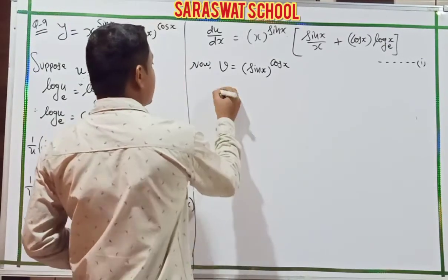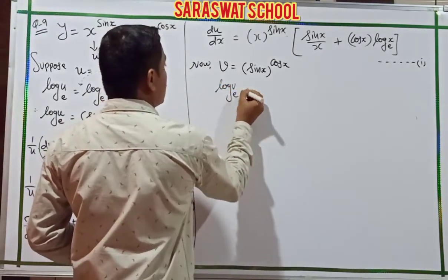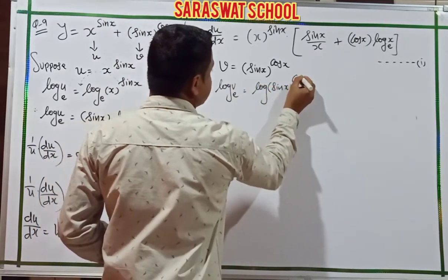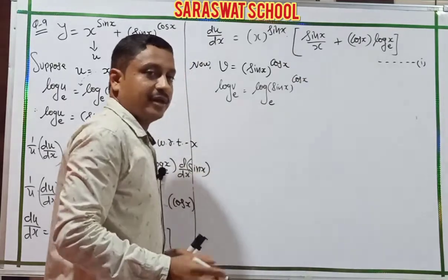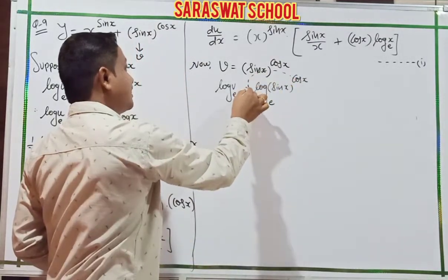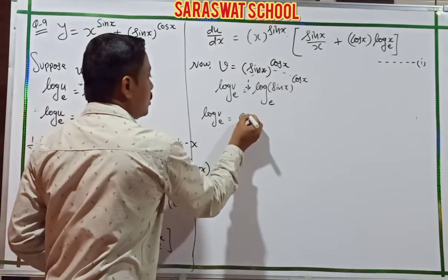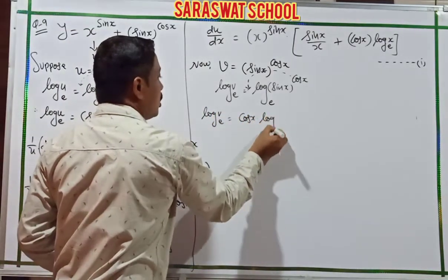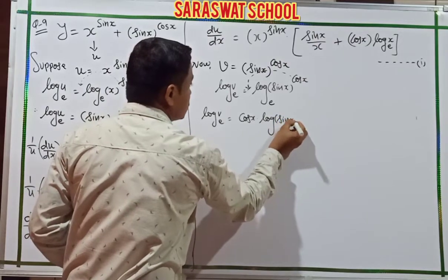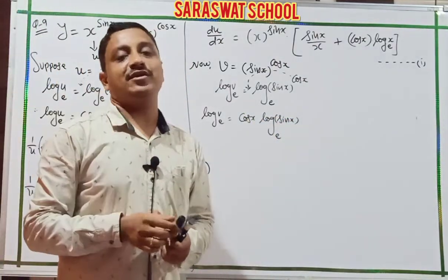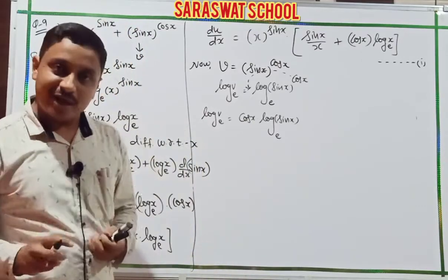Now, students, here taking log on both sides, by the property, log v base e equals cos x into log sin x. The power cos x we take to the outside. And now start again the same derivative with respect to x.